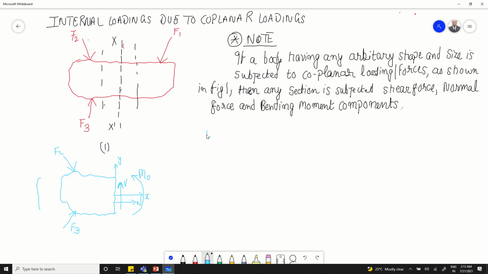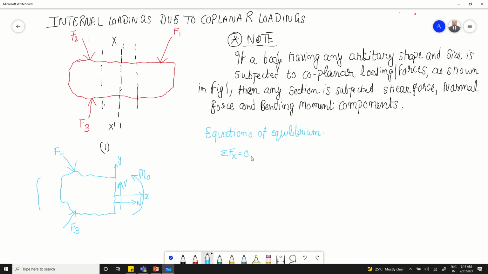We use equations of equilibrium to estimate these internal loadings. So we use summation of Fx is equal to 0.